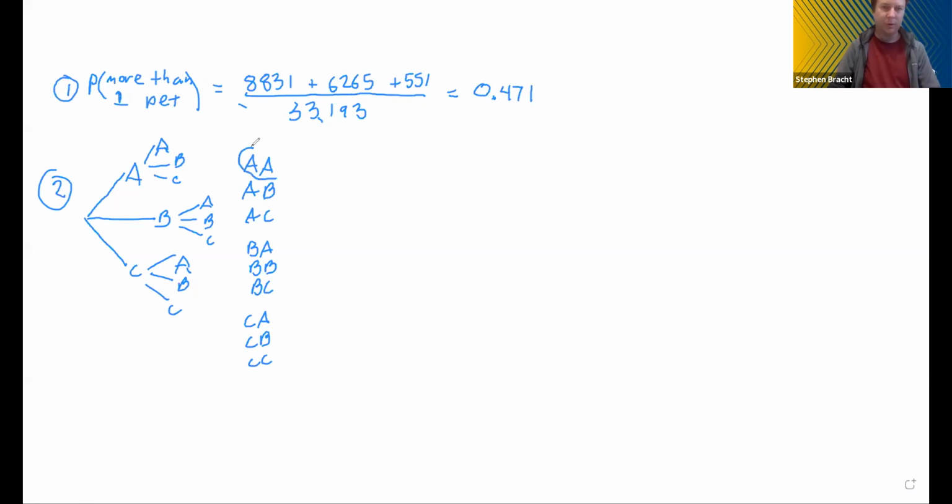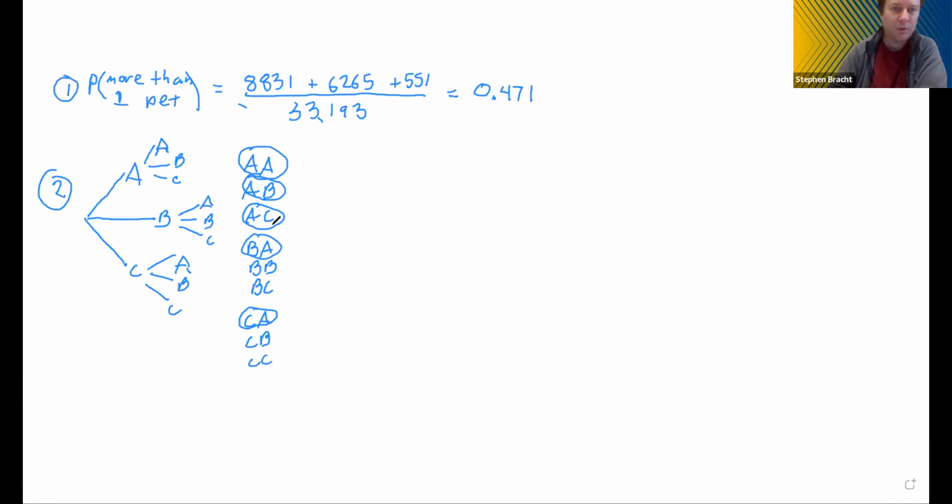I'm going to circle the outcomes that have at least 1 A. This one does. This one does. This one does. This one does. And this one does, right? Any outcome that has an A in it, or 2 A's in it, would count, right? The ones that are not in the event are the ones that don't have any A's in them.